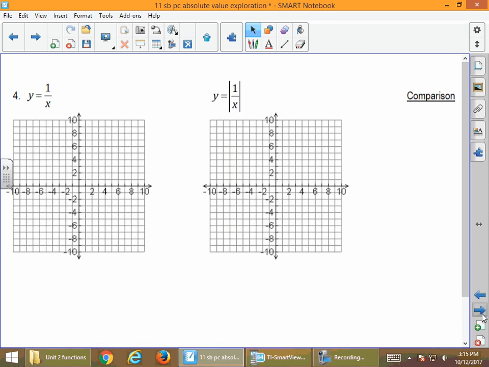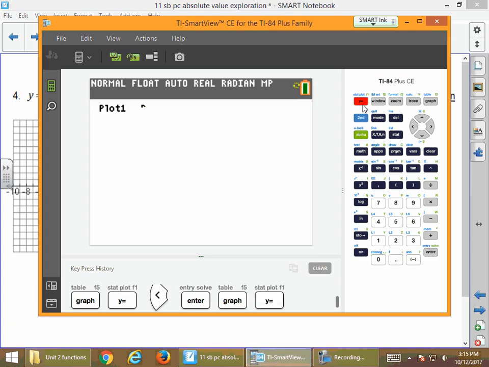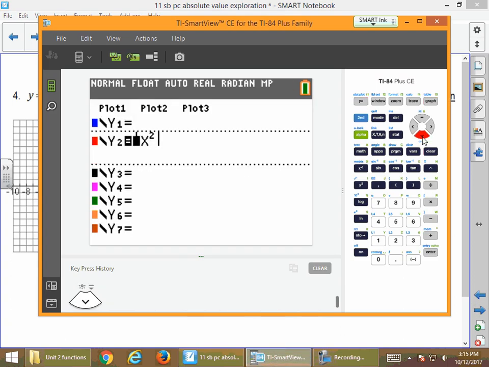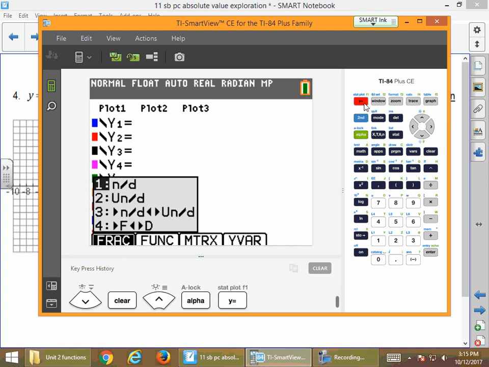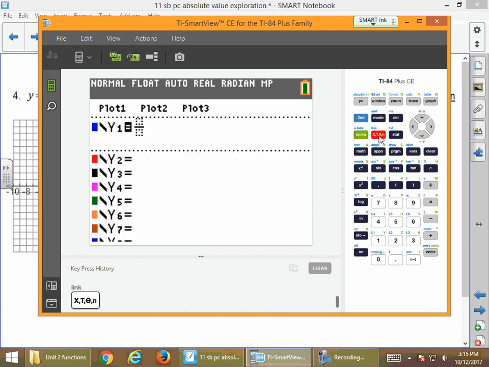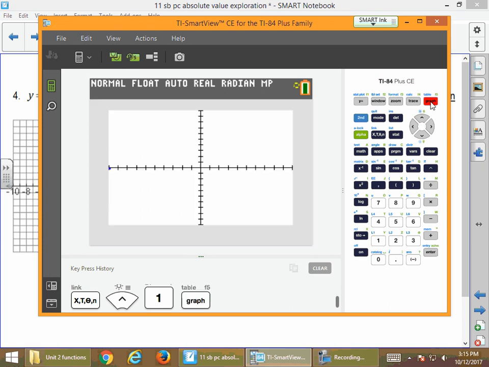So let's look at y equals 1 over x. Maybe we'll have a little bit of a difference here. So we're going to go over here to y equals, and let's clear these out. And then alpha, y equals 1 over x. Got to get that 1 in there. And we'll draw the picture. So there's a rough graph.